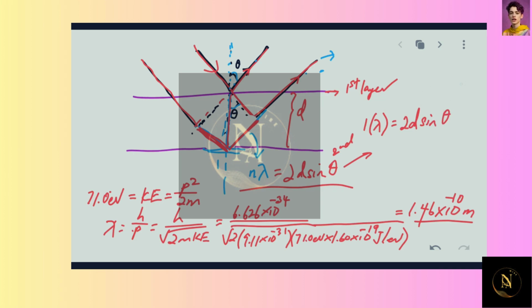We know the crystal separation is 0.091 nanometers. And therefore theta would be equal to 53.3 degrees.